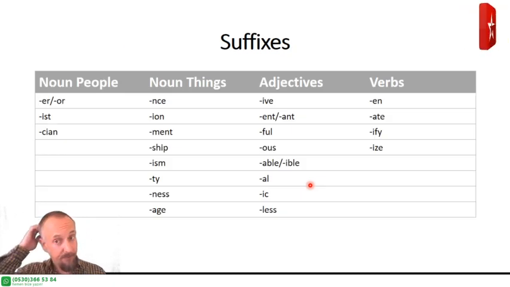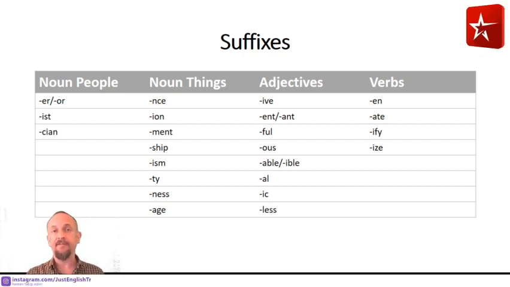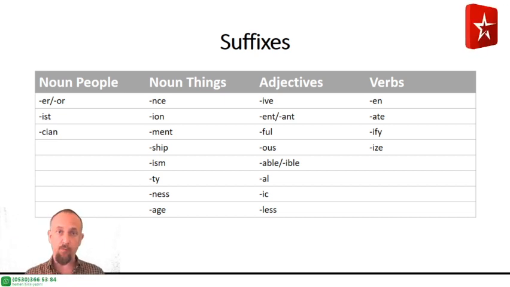And then last week, we started our lesson by looking at suffixes and what suffixes do. Now, as I said, suffixes have a very limited meaning in terms of what they contribute to that word. However, they do tell us how to use that word. They tell us if that word is a noun, and here we've divided nouns into two things, noun people and noun things. If you joined last week's class, you may remember we can also use er or or for things.